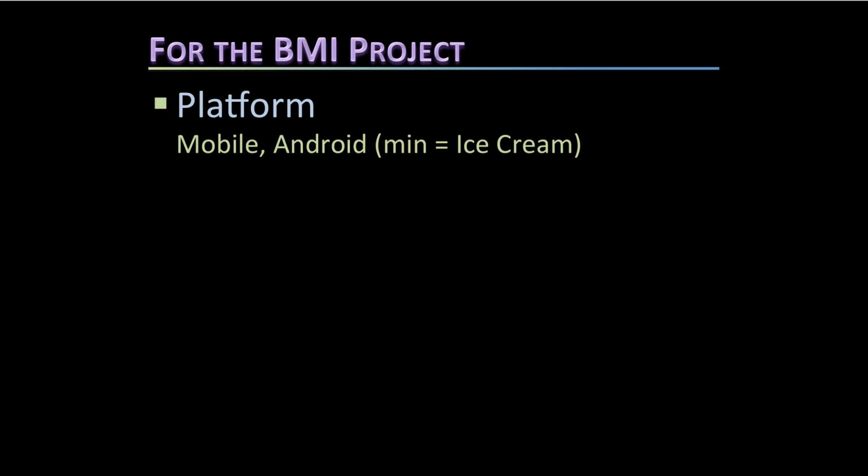I is Ice Cream Sandwich, J is Jelly Bean, K is KitKat, L is Lollipop, and a year ago Marshmallow came, and now we have Nougat for N.